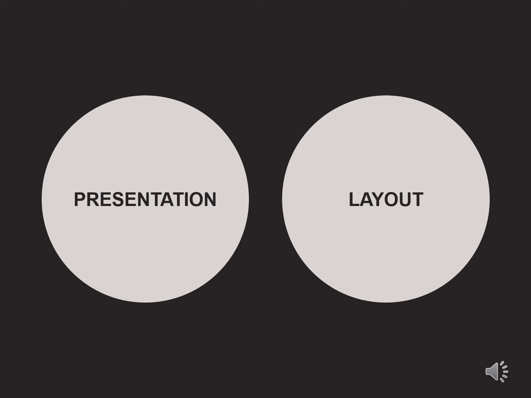The other one is layout, which means where to show the results, where to show the elements. These two things can be defined globally by the cascading style sheets. Okay, this is the introduction about CSS.